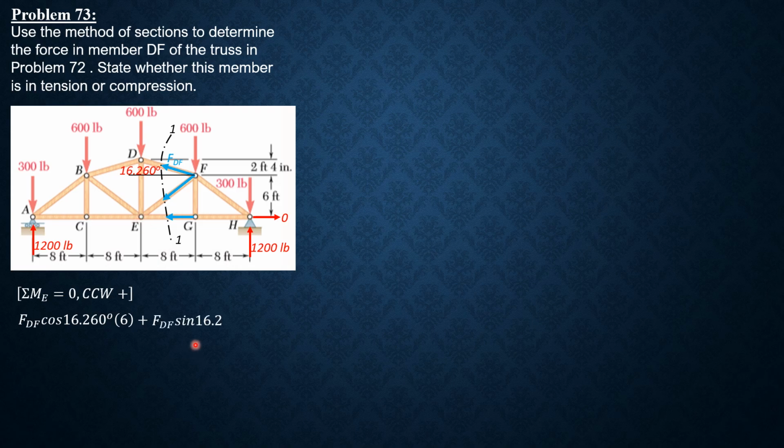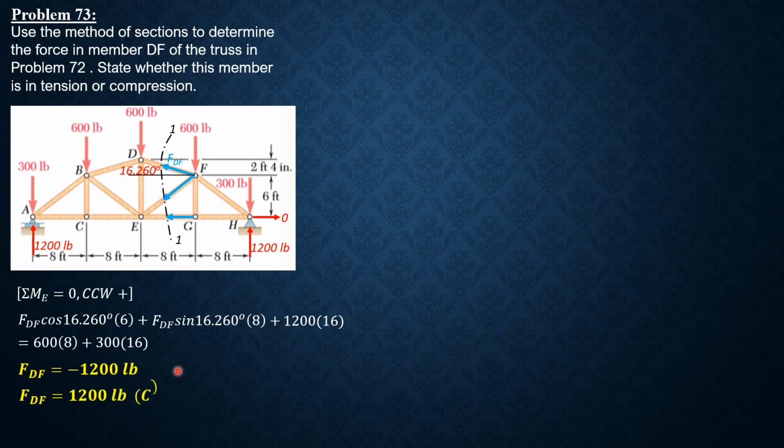That equals the clockwise moment, 600 times 8 plus 300 times 16. So only FDF is the unknown here. Computing for FDF, FDF is negative 1,200 pounds, or 1,200 pounds compression, which is the same answer as that of the method of joints.